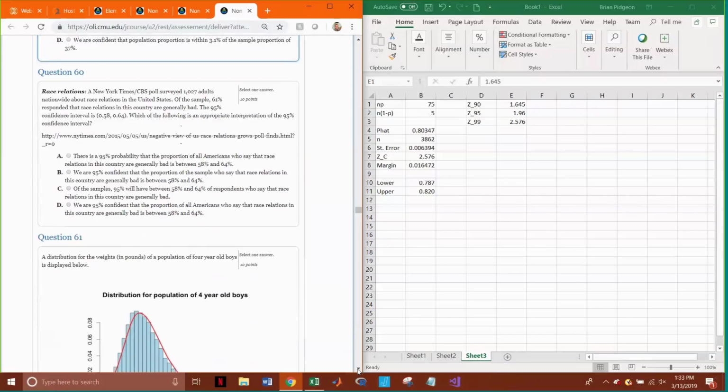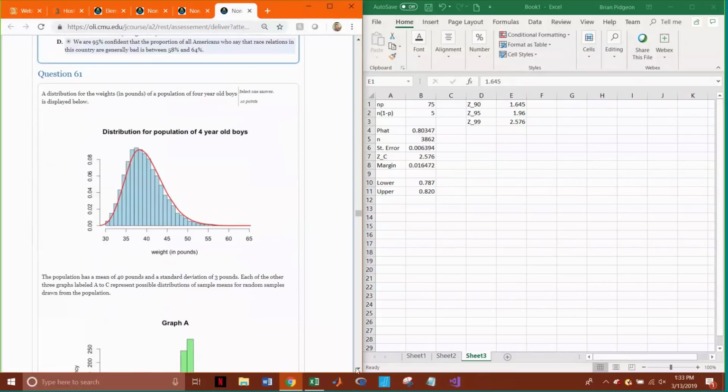So we are 95% confident that the proportion of all Americans who said that race relations in this country are bad is between 58 and 64. Be careful. There is a 95% probability, or we are 95% confident. We are 95% confident, not 95% probability. Be very careful about the wording.